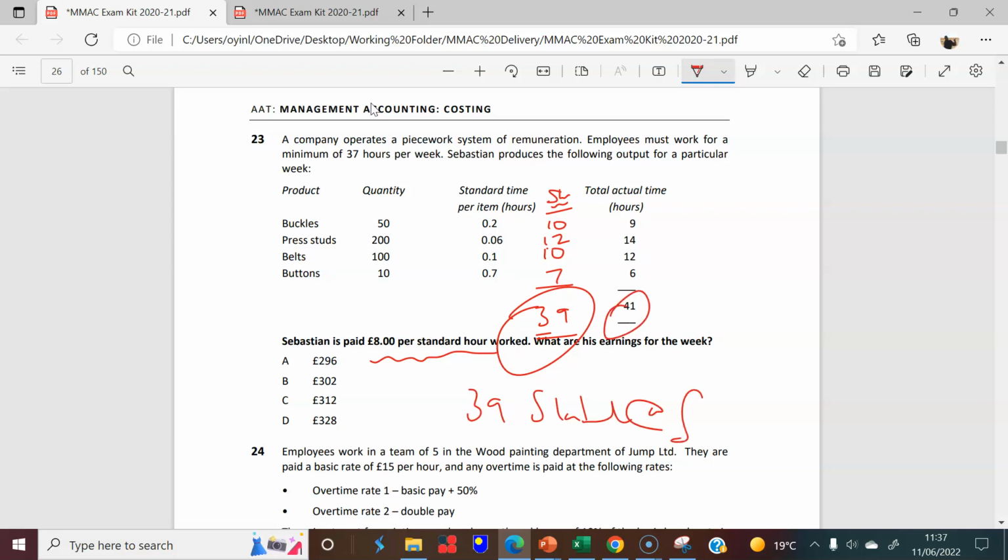He's paid at £8 an hour for this, and you multiply these together and you get 312. So we are literally following how he's paid. He might be paid a bonus over that in another question, but fundamentally this question is asking how much he is paid for the work based on the standard.